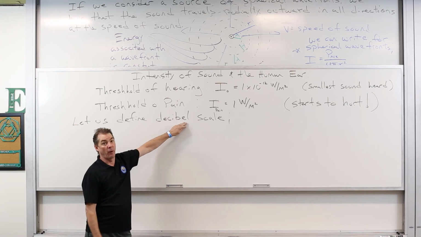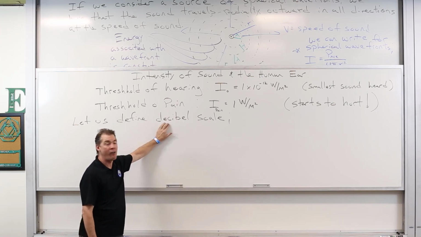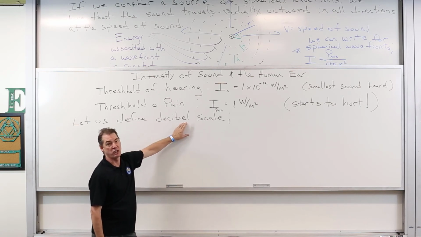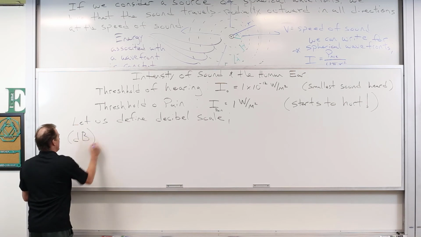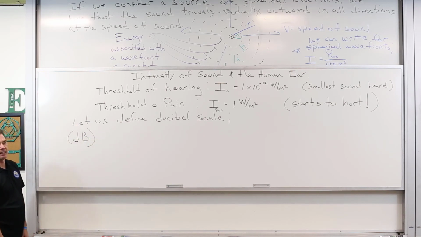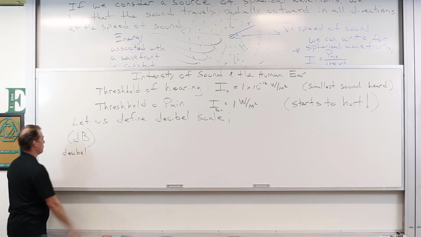Bell was the unit for Alexander Graham Bell, but it became more convenient to look at it at tenths of a bell. So decibels. And we note that that is dB, decibels.